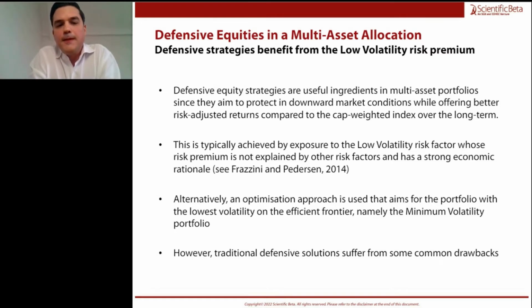However, this approach suffers from some drawbacks, and here we can show you how the low volatility factor portfolio from Scientific Beta, together with our risk control option, can solve these problems and give you a better strategy.